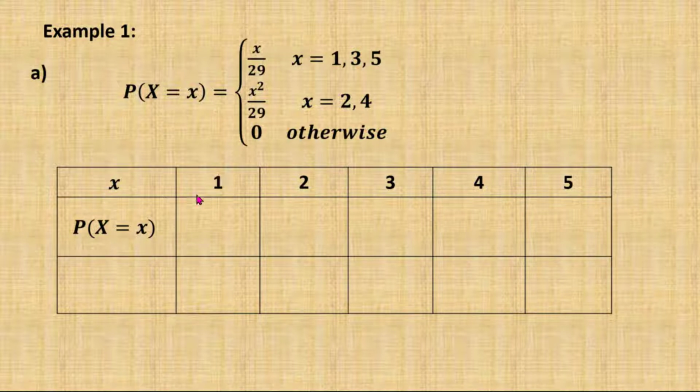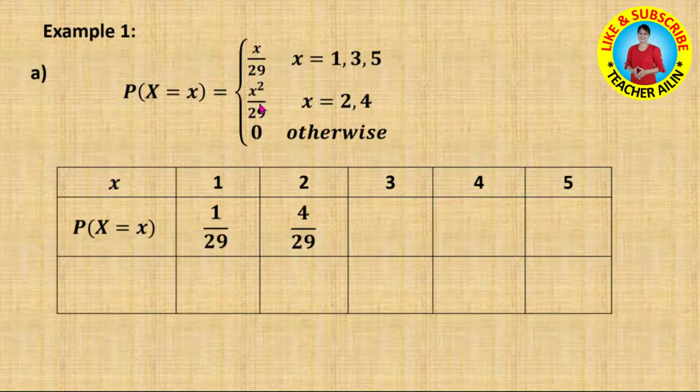When x is equal to 1, the probability is 1 over 29. When x is equal to 2, the probability is 2 squared, which is 4 over 29.